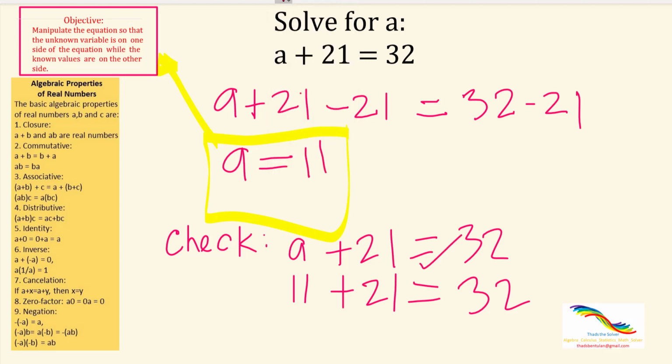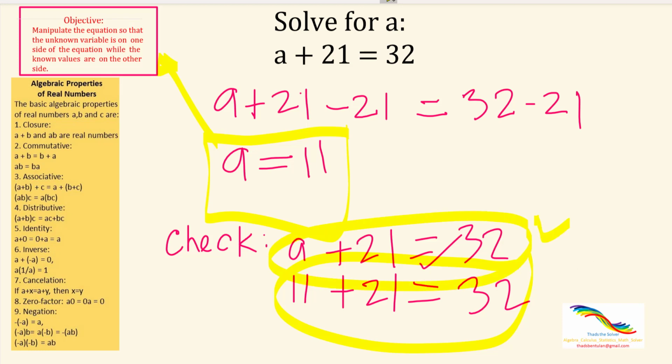So this is how we check it. 11 plus 21 equals 32, by substituting our solution. So actually at this stage we are already finished because we have solved the problem where a equals 11, but we need to cross-check it. And by cross-checking it, now we are sure, we are confident that we have the right answer.